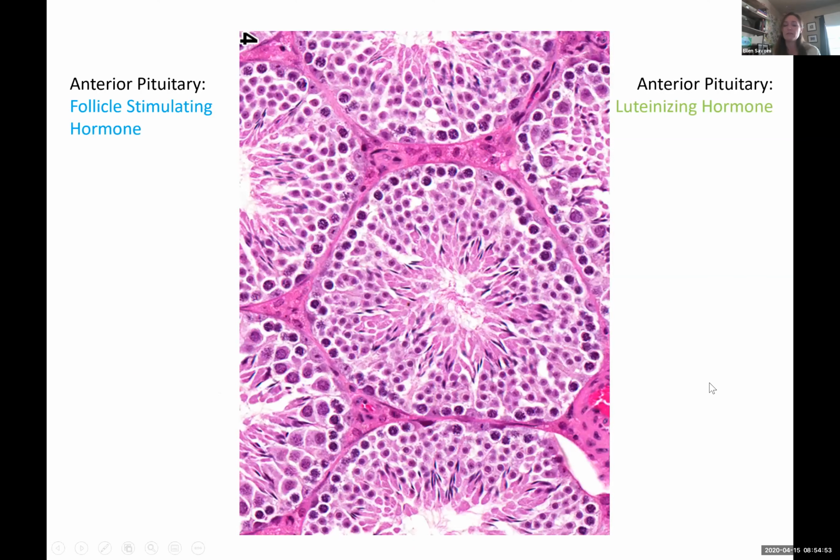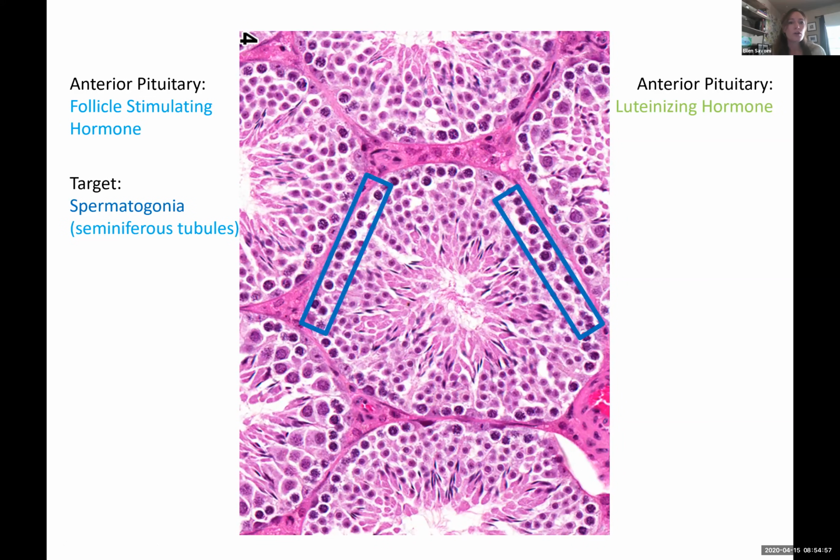Okay, so I think I must have a little schematic here. I forgot about this slide. The anterior pituitary is going to send out follicle stimulating hormone that will target spermatogonia within the seminiferous tubules. The action of that would be stimulating the formation of sperm through the wall of these seminiferous tubules.